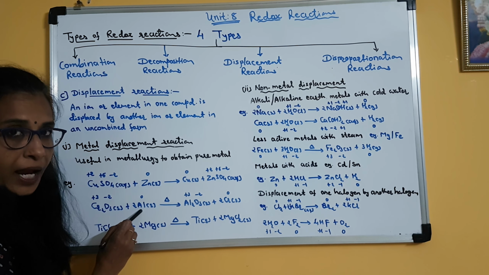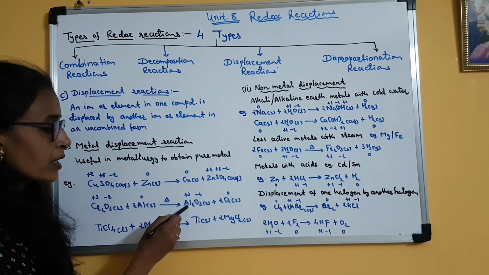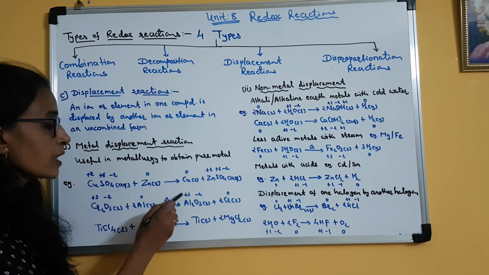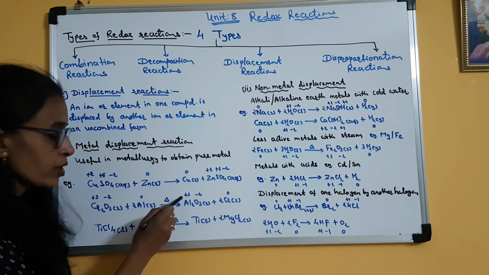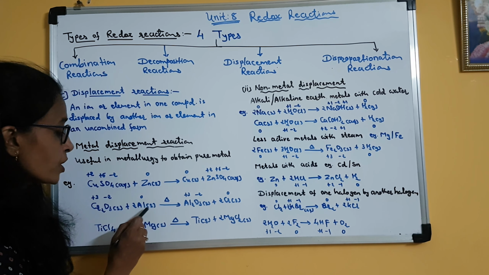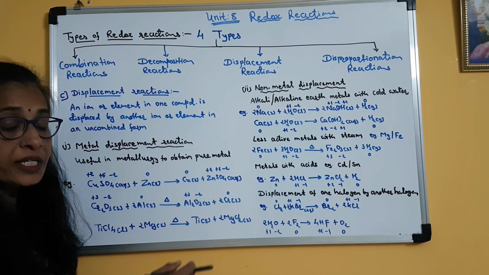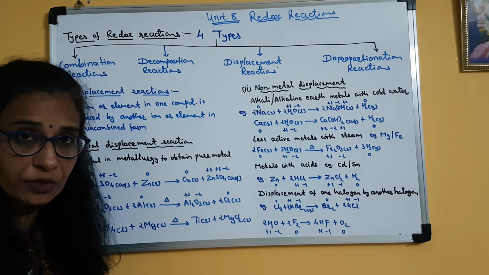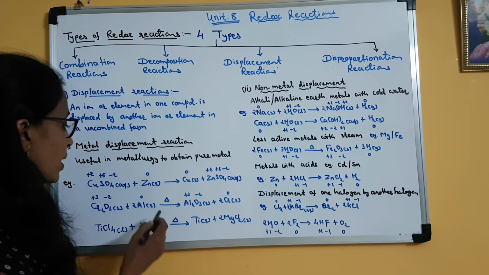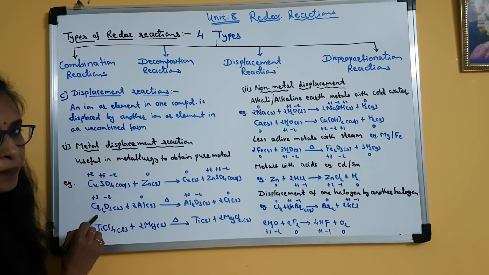In the reactant, aluminium is 0, but in Al2O3 aluminium is in +3 oxidation state. So there is an increase in the positive charge of aluminium, means aluminium is undergoing oxidation. It itself is increasing its positive charge, it itself is getting oxidized, but it reduces chromium.